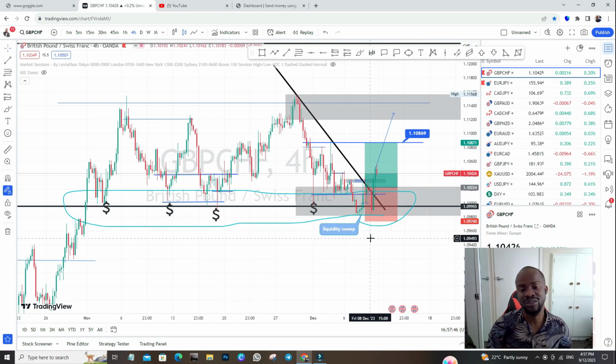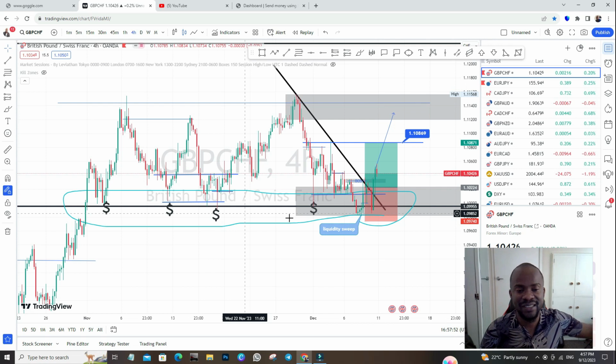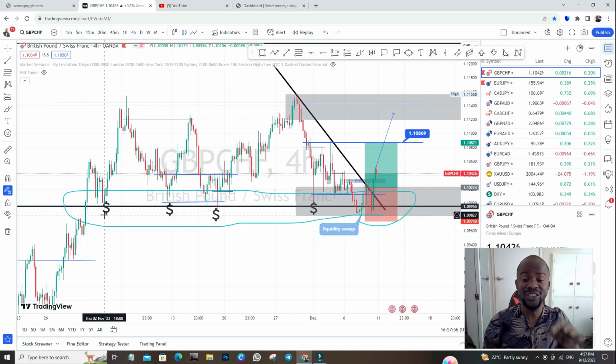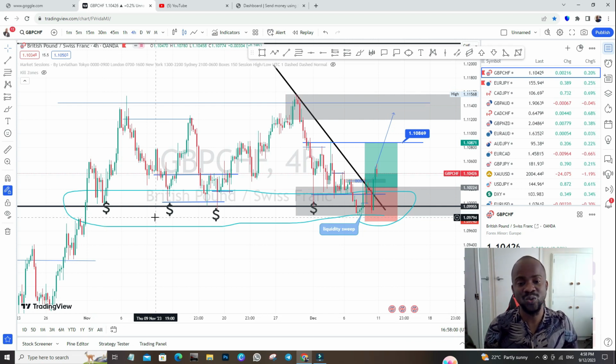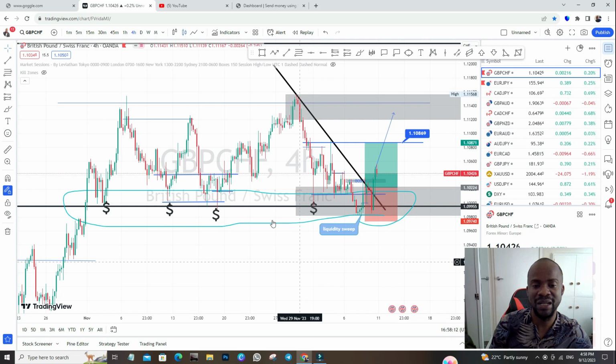What I mean by liquidity sweep is that market makers usually take out liquidity to the left. The intention of market makers in taking out liquidities on the left is to stop traders out, drag liquidity from here and take it upwards. So that was the idea I used to plan this trade.